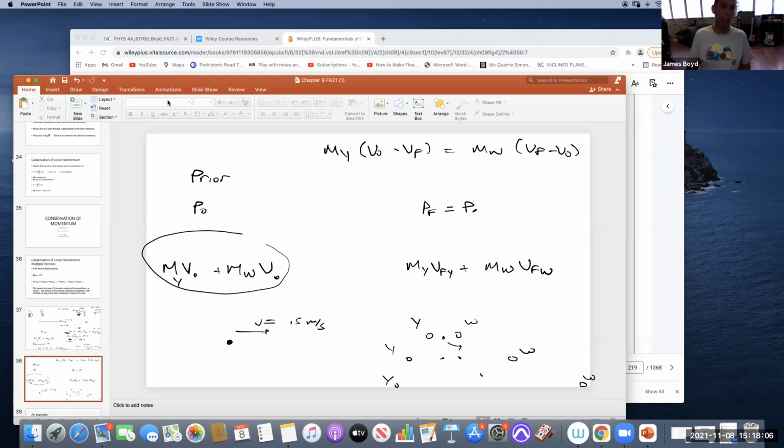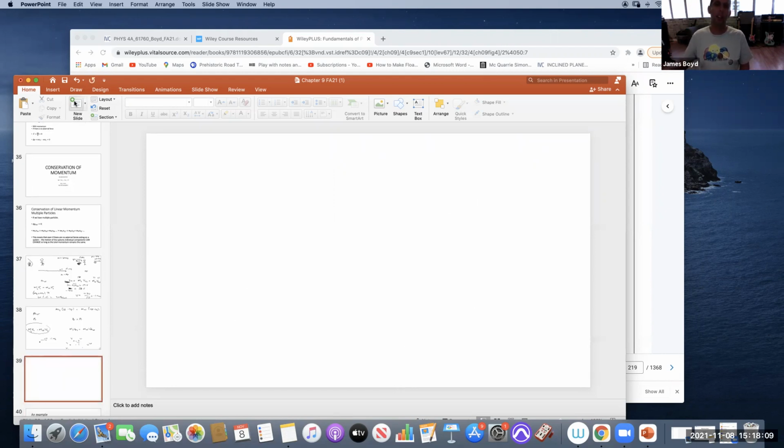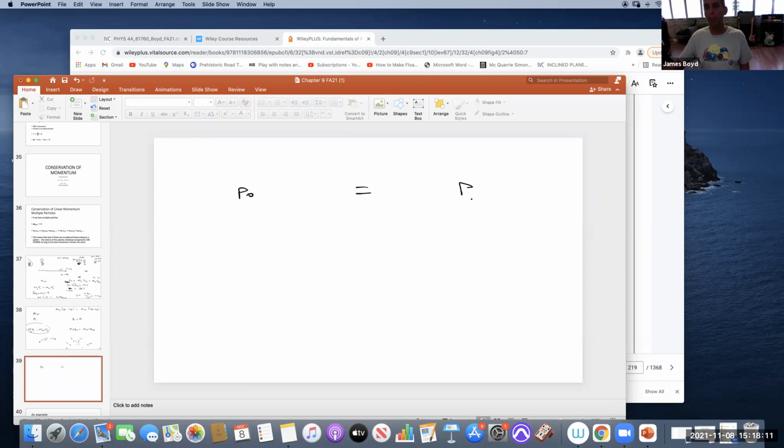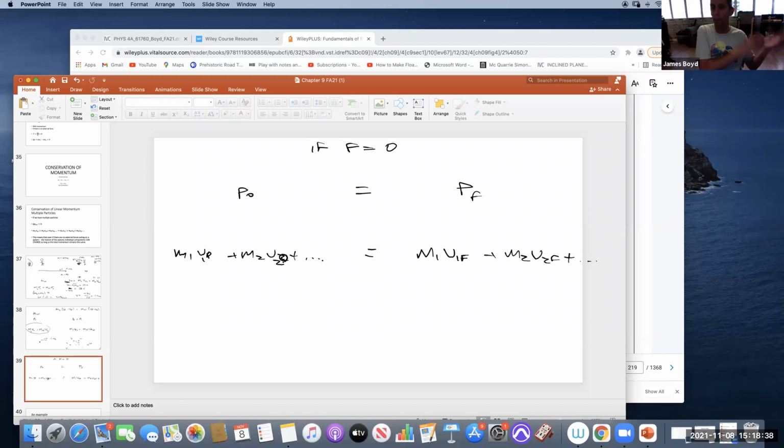So we write P initial is equal to P final if F is 0. And then we write M1 V1 initial plus M2 V2 initial plus so on is equal to M1 V1 final plus M2 V2 final plus so on. So basically we add up all the initial momentum for each part of a system and we add up all the final momentum and they have to be equal.